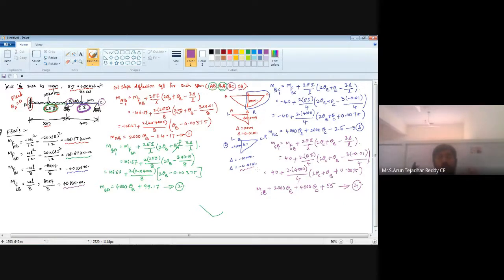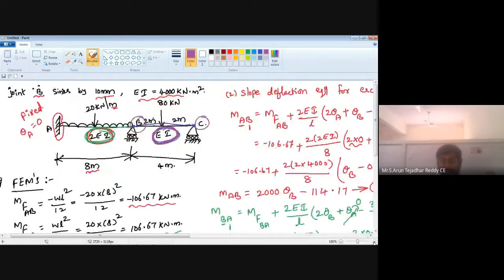Now what is the third step here? The third step is apply joint equilibrium equation.